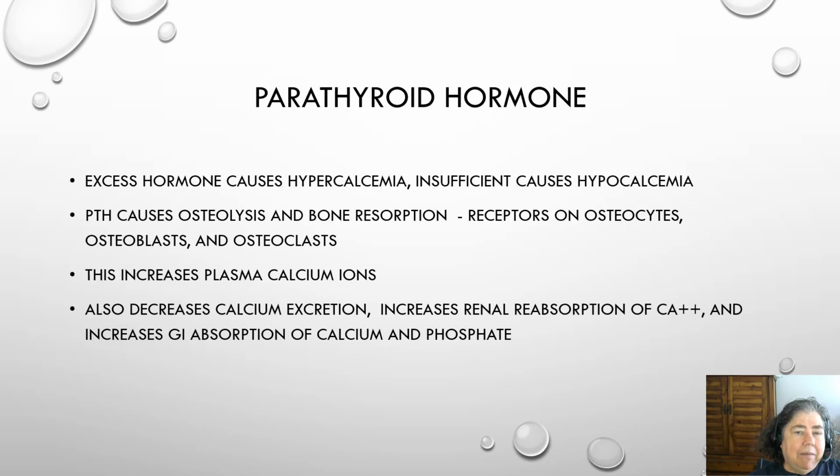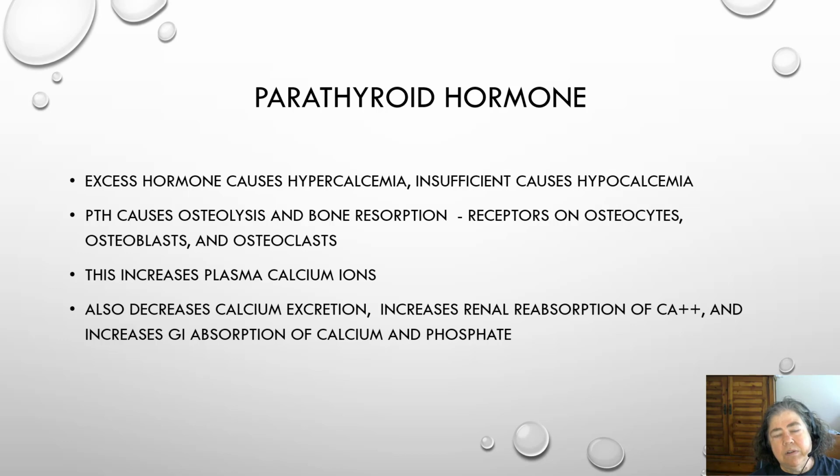It does that by receptors in bone cells. So when parathyroid hormone is released, it interacts with bone cells to cause breakdown of bone and resorption of bone. And there are PTH receptors on the osteocytes and the osteoblasts and the osteoclasts.